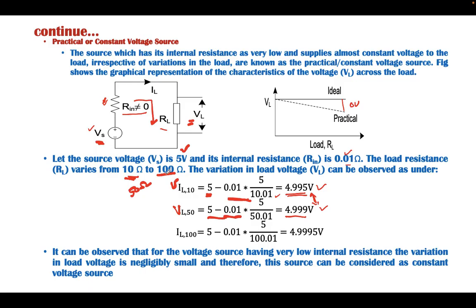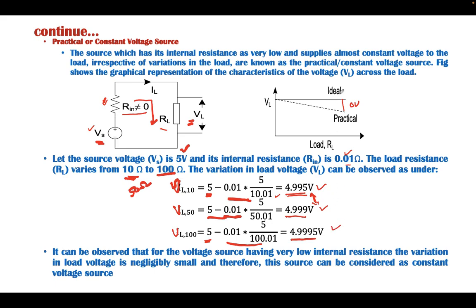Now we consider the load is 100 ohm. In that case, we can subtract this voltage drop from the total voltage, and the resultant voltage will be 4.9995 volt.